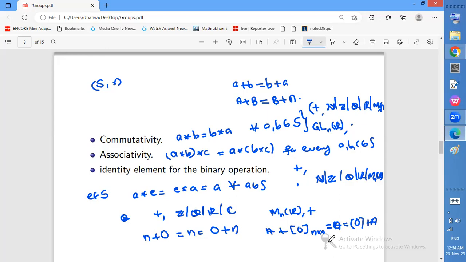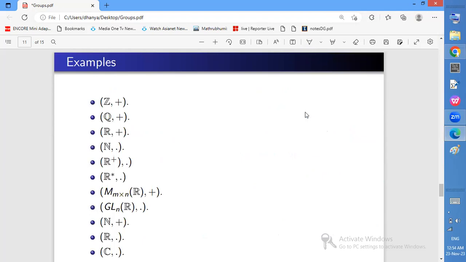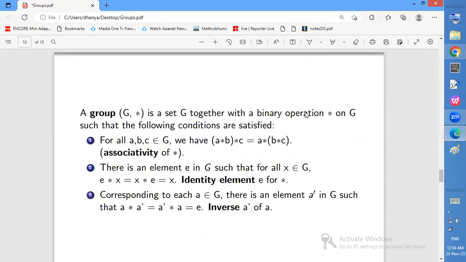Now we may define group. Here is the definition.